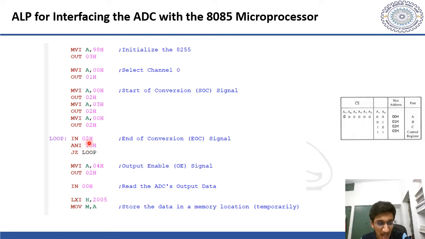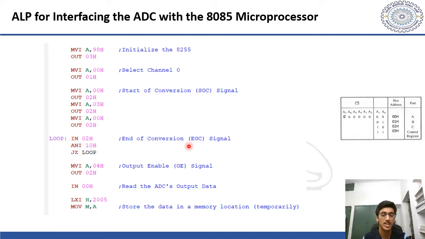The ANI operation, which just performs the logical AND operation, would be high only when the PC4 line is high, that is, when the end of conversion signal has been obtained from the ADC. In that case it would generate a non-zero value, and then it would exit this loop of continuously checking whether it has received an EOC signal or not.